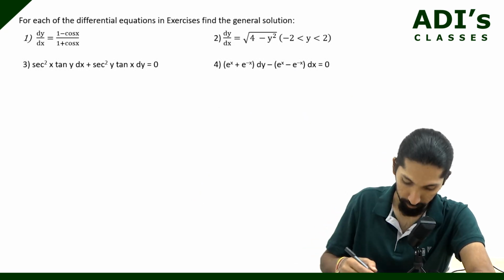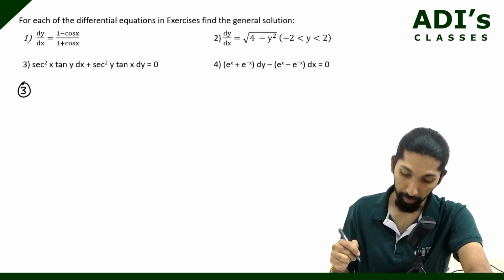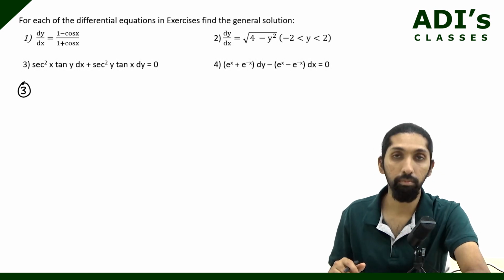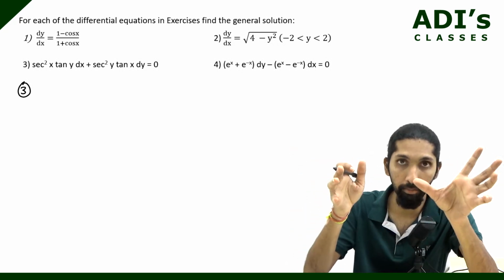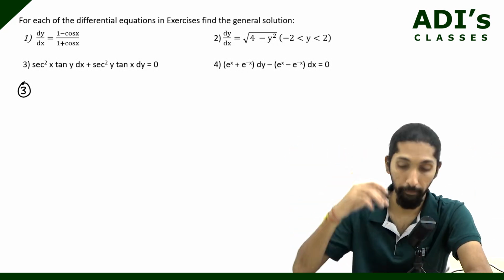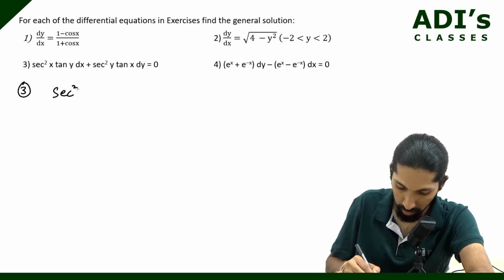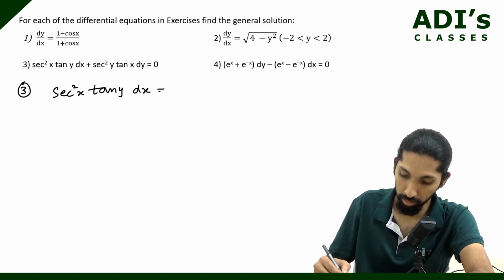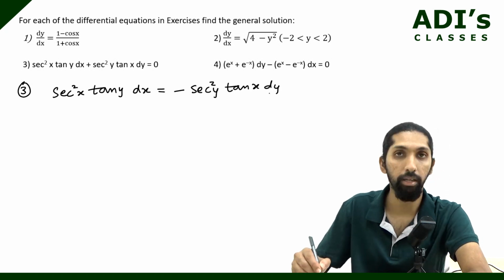The third question: secant square x tan y dx plus secant square y tan x dy is equal to 0. Guys, take the dy term to the other side. That means you're going to have secant square x tan y dx is equal to minus secant square y tan x into dy, correct?